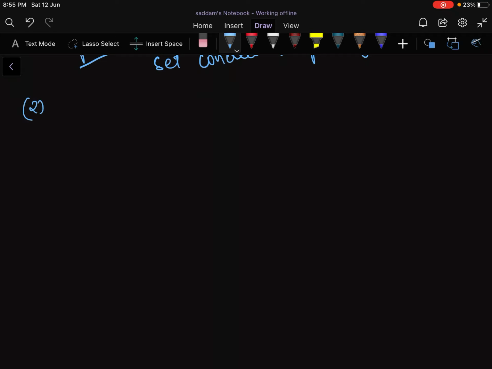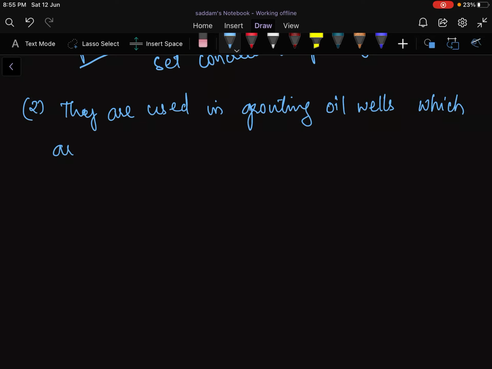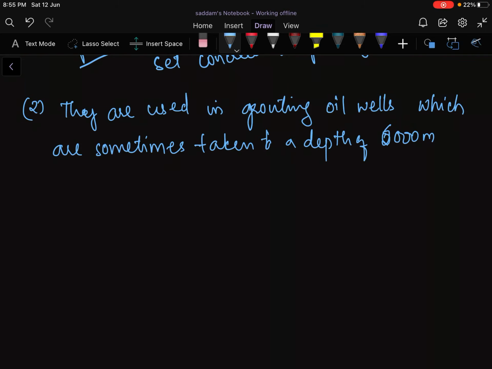They are also used in grouting oil wells, which are sometimes taken to a depth of 6,000 meters, which is nothing but 6 kilometers, where the temperature is 200 degrees centigrade.